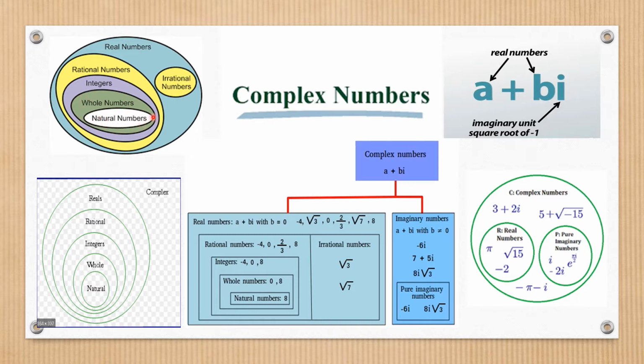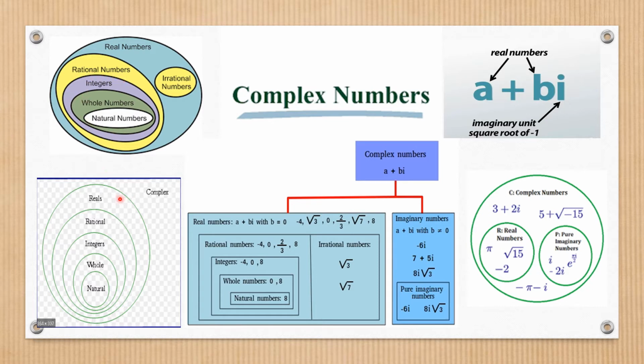So this bigger shape is depicting that whole numbers contain all natural numbers including 0. Integers contain whole numbers and natural numbers also, and rational numbers include integers, whole numbers and natural numbers. That's why they are expressed like this.